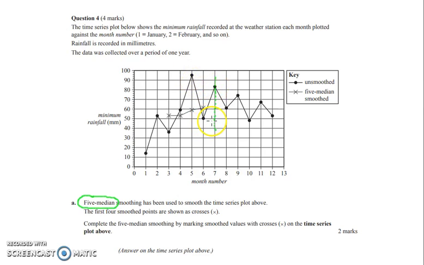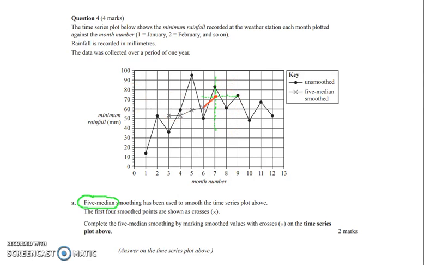So the 5 values in size order would be 1, 2, 3, 4, 5, and the third value is the median. So it would be in line with this one here. So we do a dotted line across, and where those 2 points make a cross, that's the value of our first point for the 5 median smoothing.